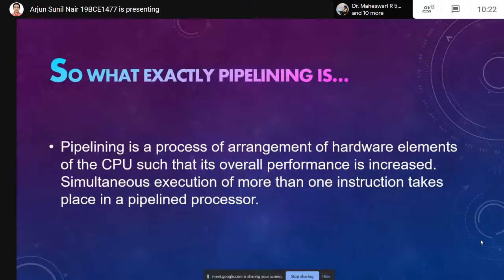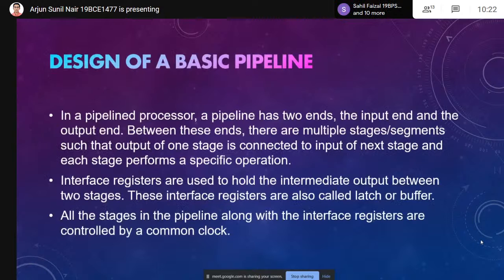So the formal definition of pipelining is a process of arrangement of hardware elements of the CPU such that its overall performance is increased. Simultaneous execution of more than one instruction takes place in the pipeline processor. This was repeated in that video. Next slide. The design of a basic pipeline has two ends, the input end and the output end, and there are multiple stages in between.